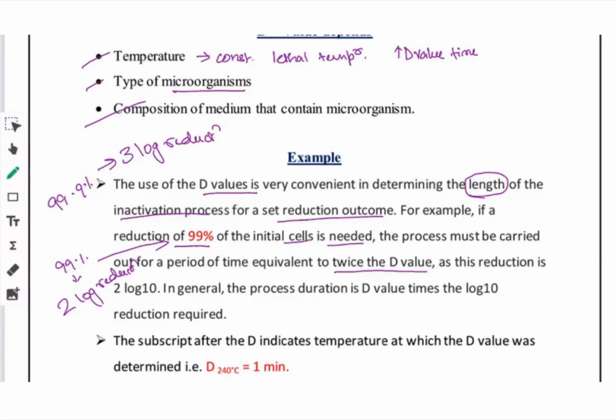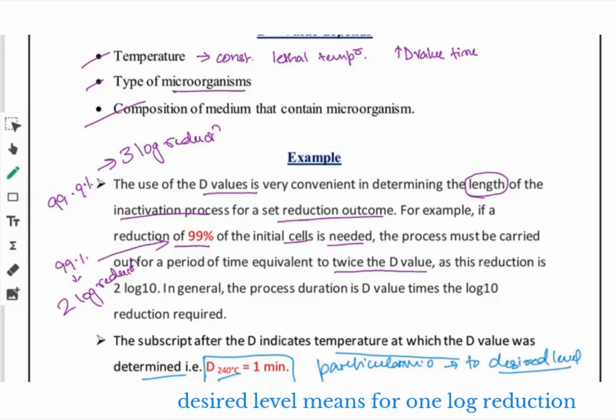So how to represent D-value? We represent D-value in such a way that D 240 degrees Celsius is equal to 1 minute. The subscript after the D indicates the temperature at which the D-value was determined. So what we can conclude from here is that 1 minute is required at 240 degrees Celsius to kill a particular microorganism, that is the target microorganism, to a desired level, that is the final population that we require in our product.